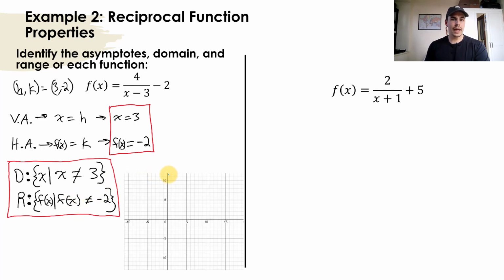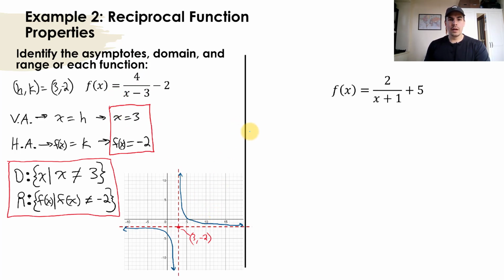Now, if I were to sketch this out, the first thing I should do is draw in my horizontal and vertical asymptotes. So here at 3 and negative 2. And again, that intersection point is going to be (h, k). If we were asked to sketch, then all we would need to do is sketch our curves in from here, knowing the orientation, knowing a and b themselves, and the sign of a and b.